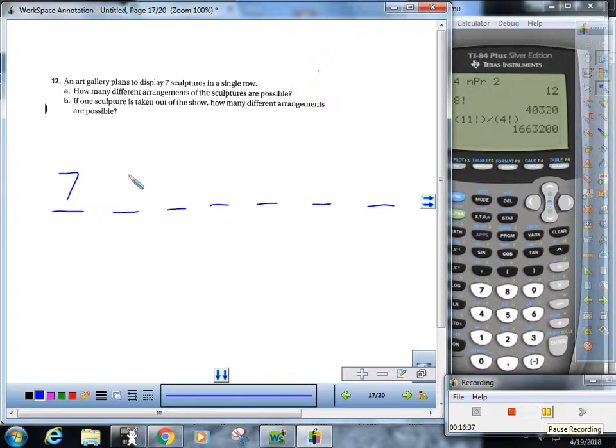There are 6 sculptures left, so now we can pick 6 for the second one. How many sculptures are left? 5, 4, 3, 2. There's only 1 sculpture left after you've already assigned the other 6 spots.